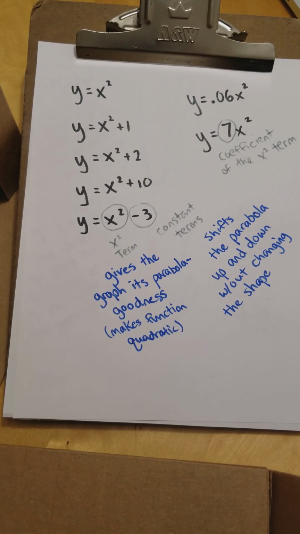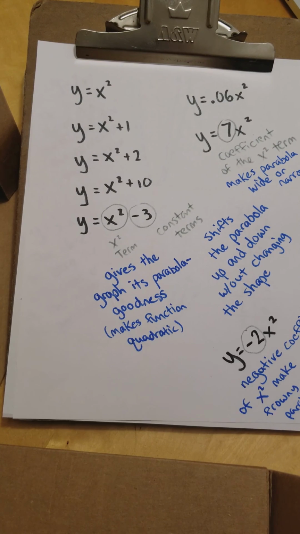However, it's actually, as we saw earlier, the coefficient of the x squared term that makes the parabola wide or narrow. And I hate to say it, but every once in a while, negative coefficients of the x squared term make a frowny parabola.